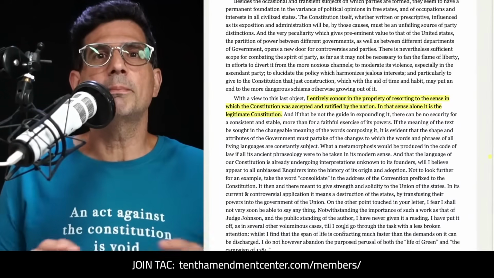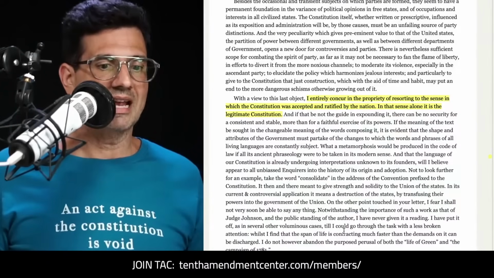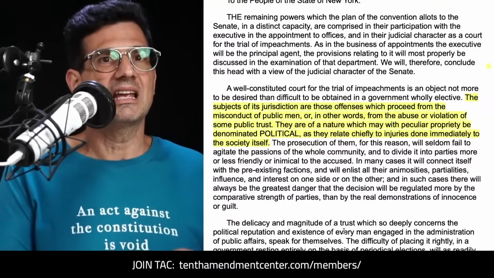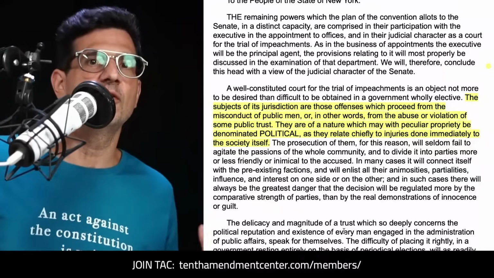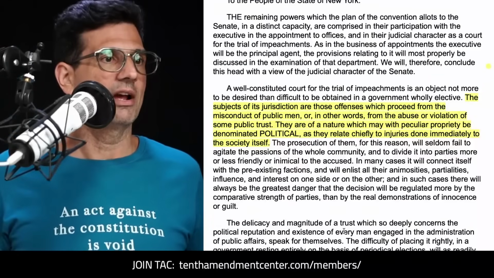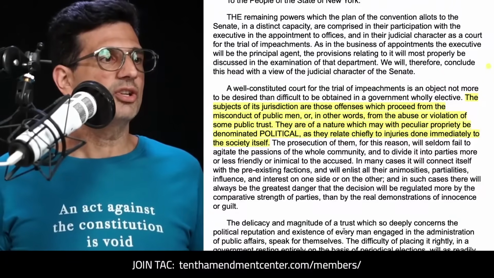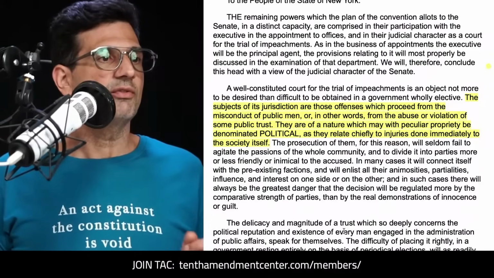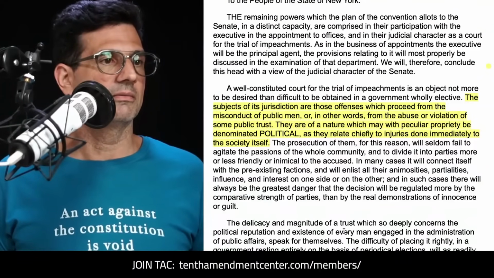And when it comes to impeachment power, I think the most famous, the most widely read was Alexander Hamilton in Federalist number 65. Maybe not during the ratification debates in and of themselves, but this represented the view of the Federalists that was getting spread all around. And Hamilton put it like this: "The subjects of its jurisdiction," talking about impeachment, "are those offenses which proceed from the misconduct of public men.